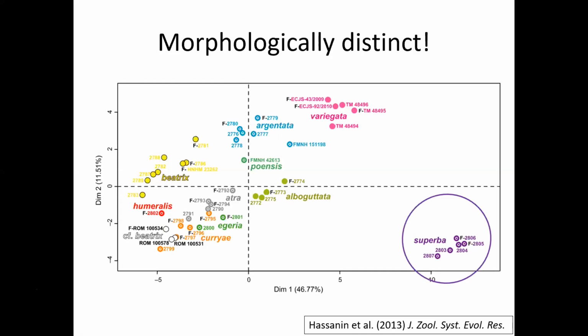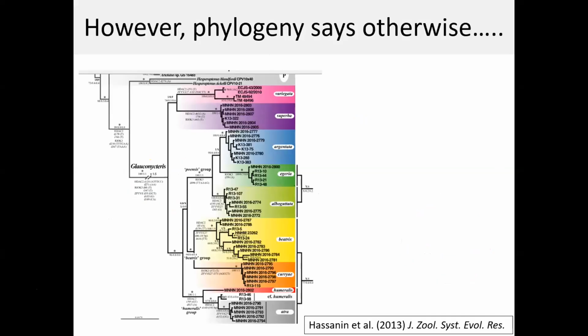In other words, this is supporting what Deanne Reeder and her colleagues found in the morphological analysis. This is a very distinct species morphologically from other Glauconycterus. However, when we look at the genetics, we get a very different story. Here, the details are totally not important.